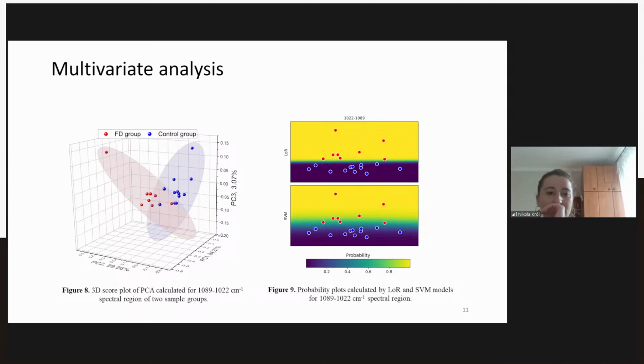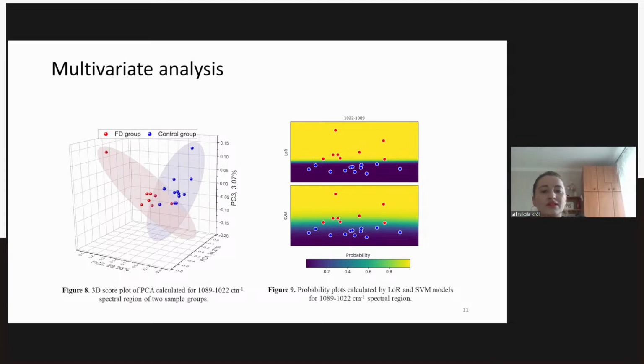Figure 9 represents the result in the probability scale, and it is strictly correlated with the PCA plots. All samples of the Fabry disease group are clearly separated from the control group and lie within the high probability of the presence of the disease.